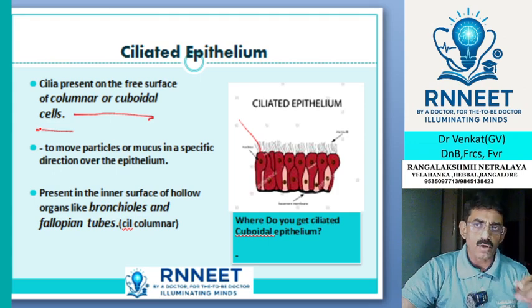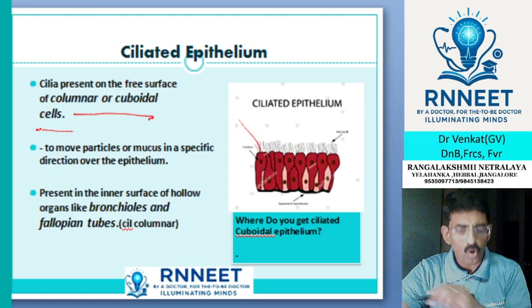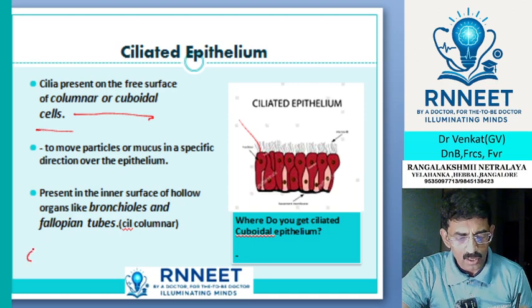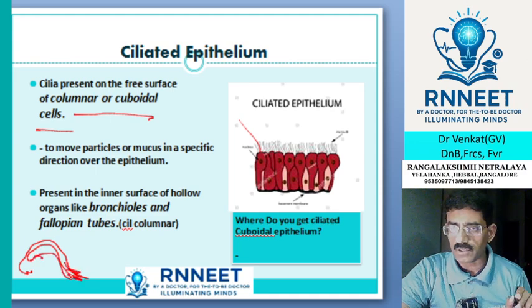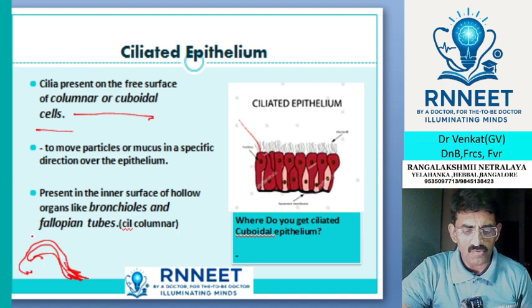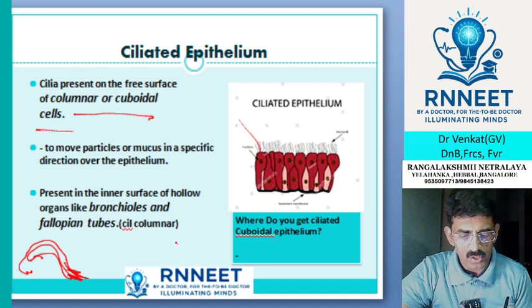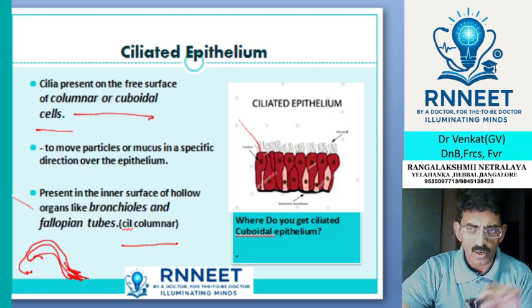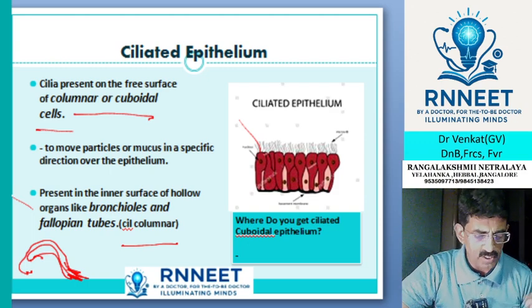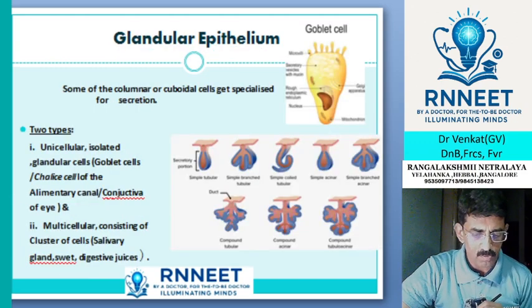So it's very important that along the tract, from the fimbriae it moves around from the ampulla and then reaches near the isthmus. So the fallopian tubules also should have ciliated columnar epithelium like the bronchioles. Okay, so you understood why the ciliated epithelium is important in these parts.